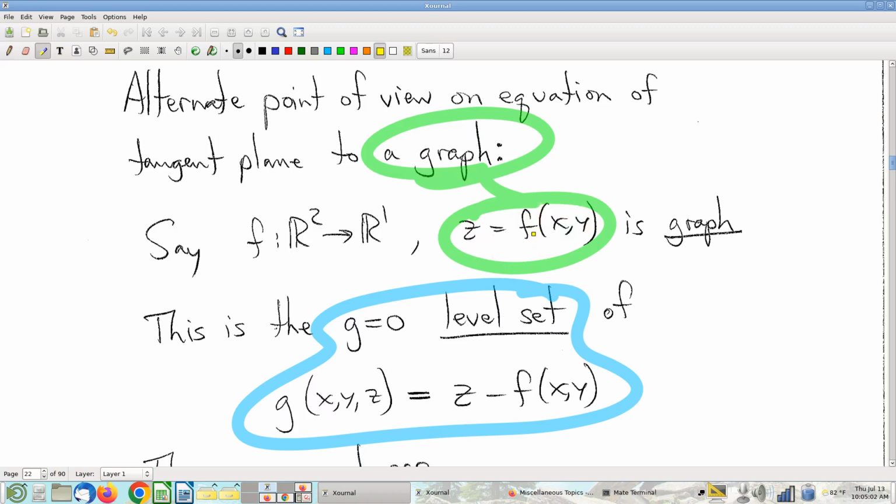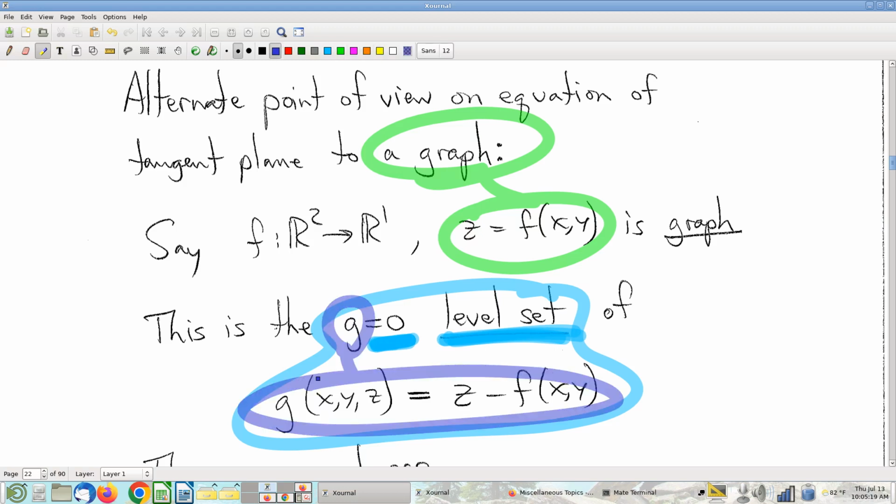And I get z minus f equals 0. And cool, that gives me then explicitly a level set. There it is, equals a constant. That means level set. I have a level set now of this function called g that has that formula. So I'm reinterpreting the graph as a level set, just as we did last week, or whenever that was.